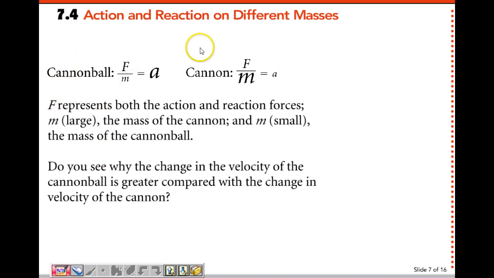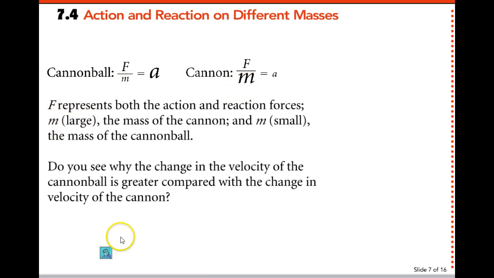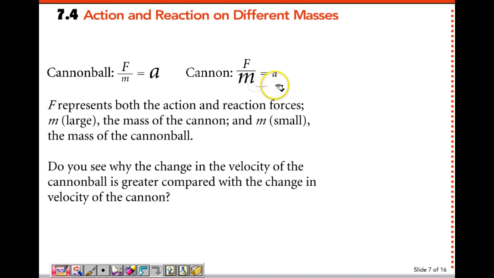So here's a couple of equations that kind of describe this. F represents both the action and reaction forces. In this case, you'll see that these two F's both have the same size, okay? And the M that is big is the mass of the cannon, and this is the mass of the cannonball.